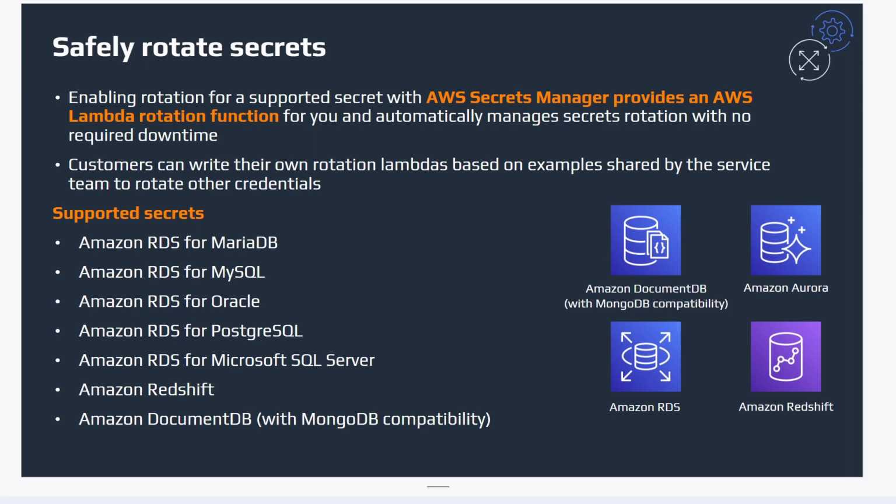Customers can write their own rotation Lambda based on examples shared by the service. There is public documentation on that, so you can search those documents and write your code or Lambda functions based on that sample code.